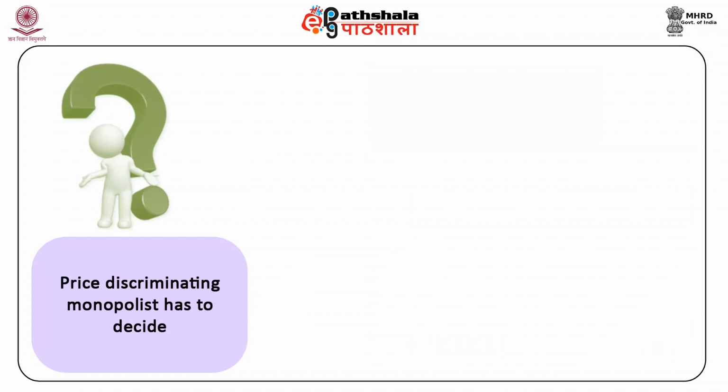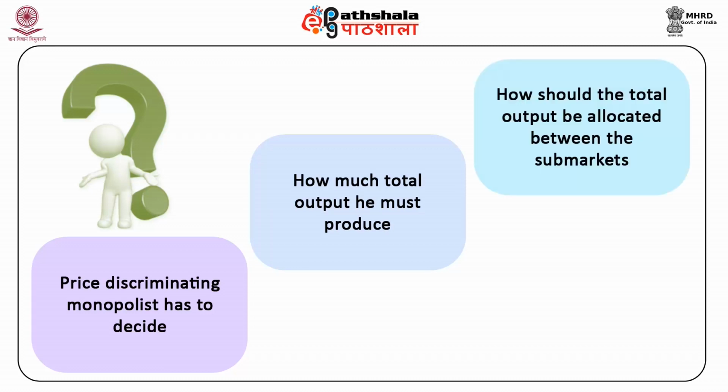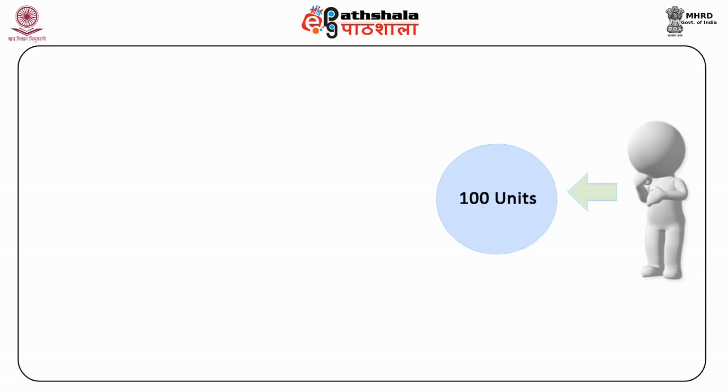The price discriminating monopolist has to decide how much total output he must produce and how the total output should be allocated between the sub-markets so as to maximize total revenue and profits. Suppose initially the seller is selling 100 units in each market.